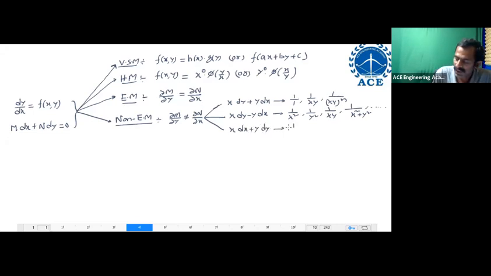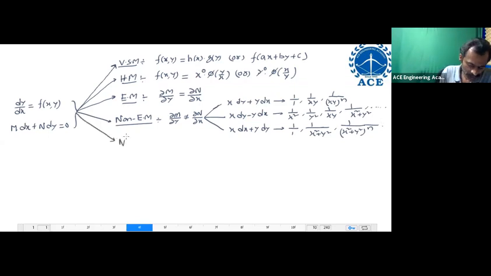For this type, the possible multipliers are 1, 1 by x square plus y square, 1 by x square plus y square power 2, 3, 4, in general power n. Whenever the differential equation contains any one of these inspection types, then we directly come to inspection. Otherwise, we skip this and go to the next one.